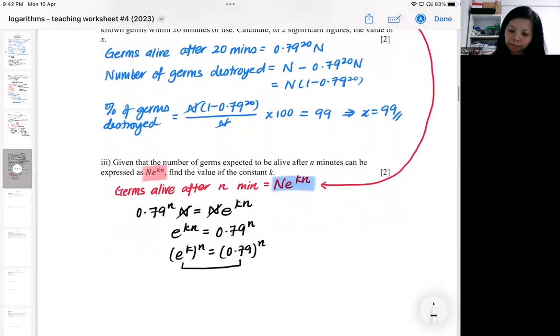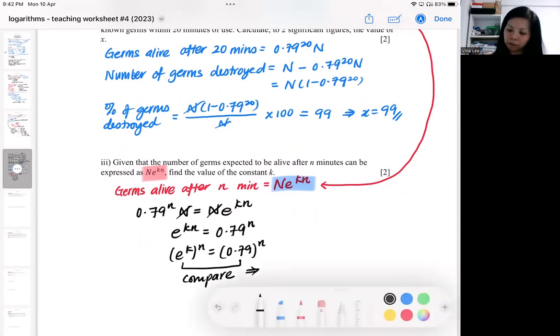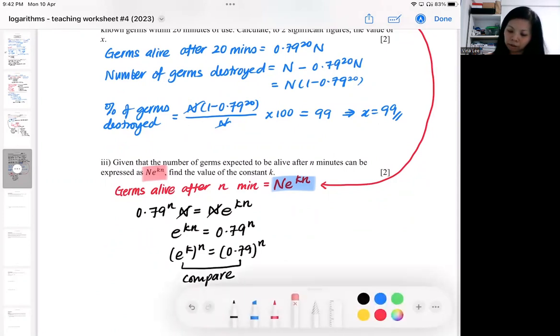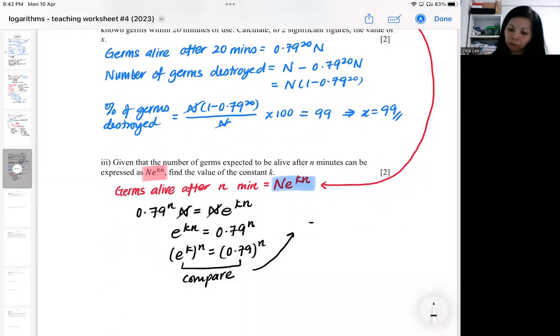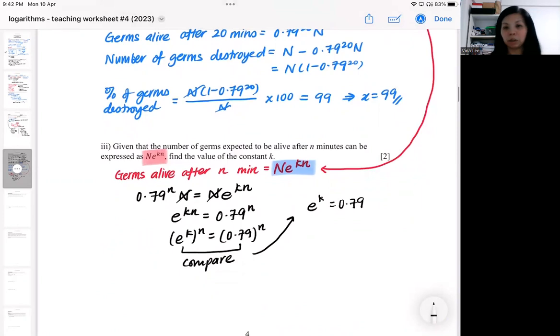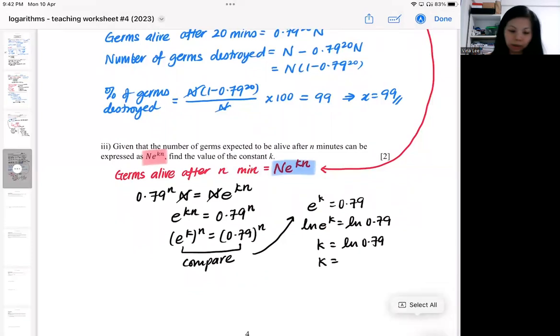Then you compare, and when you do the comparison, you will have e^k equal to 0.79. That is the exponential technique that you have learned: you ln on both sides, and then you can find the answer. Leave your answer to 3 significant figures.